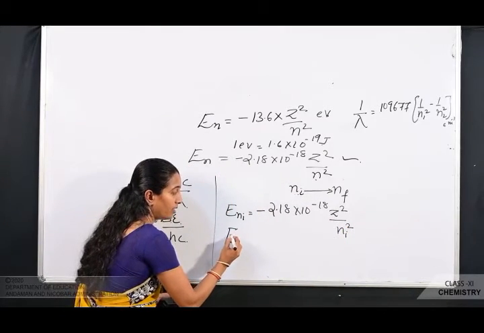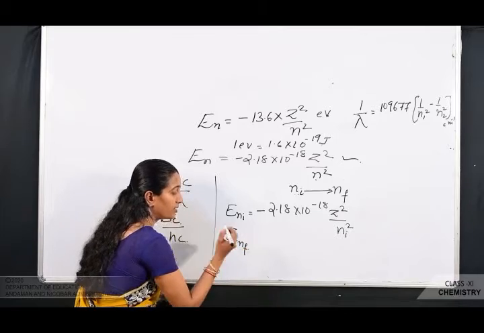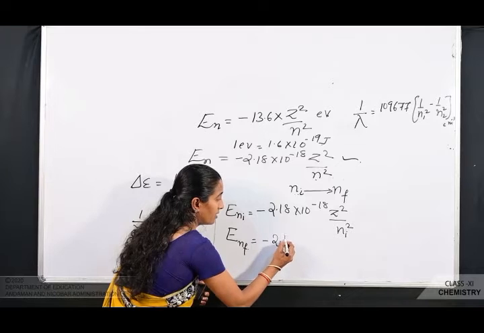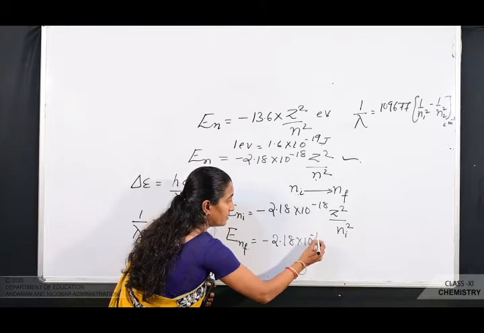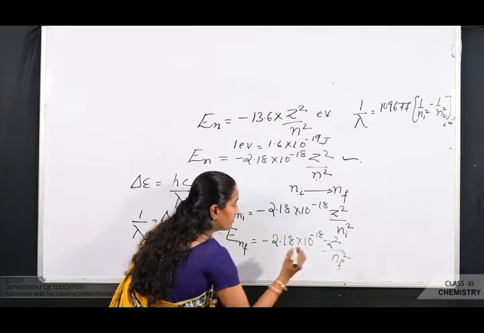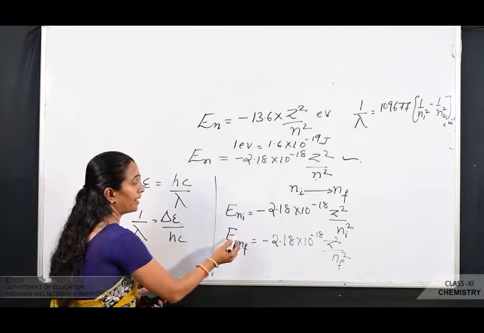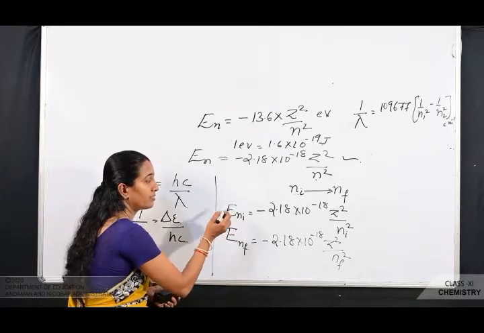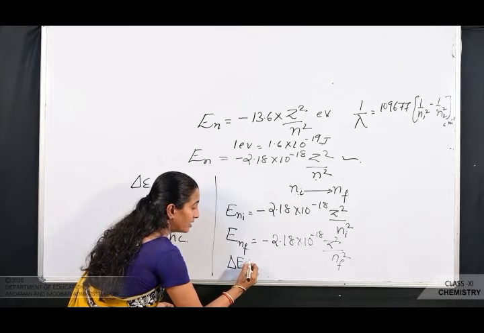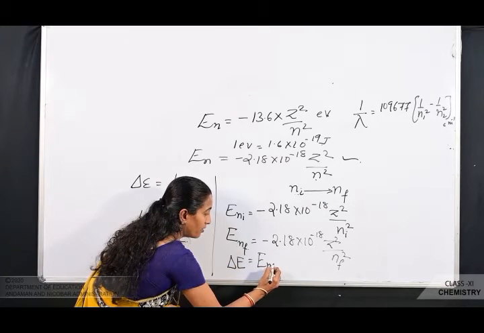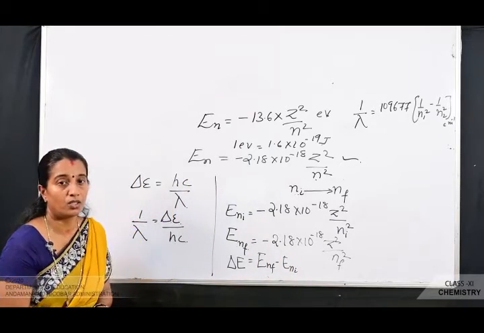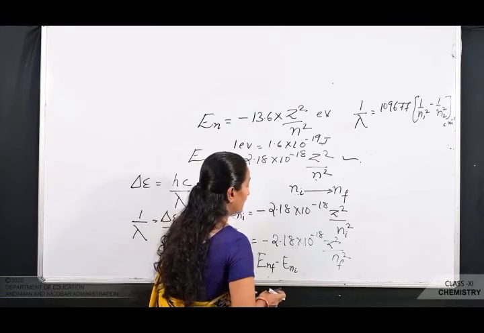The energy of the electron present in the final orbit is minus 2.18 into 10 to the power minus 18 Z square by Nf square. If I subtract the two, that means final minus initial, delta E equals E final minus E initial.